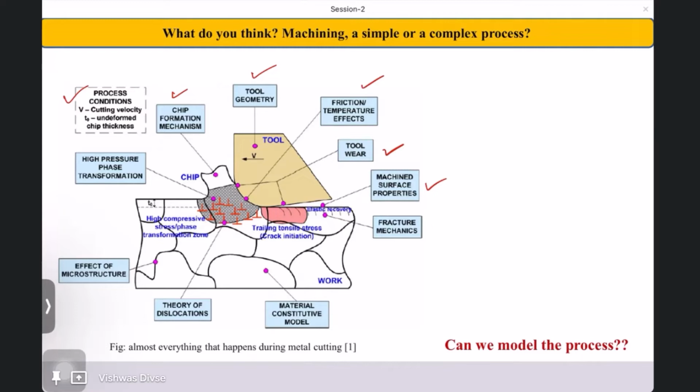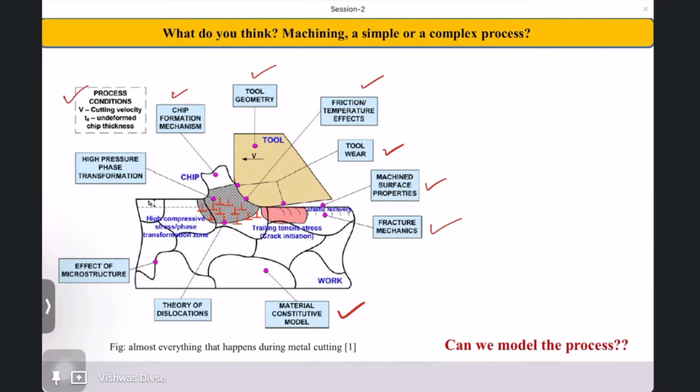Then whether I am going to extend it, whether this damaged finished part has any cracks developed on it, or whether these cracks will propagate when this machined component is in application. That all comes under fracture mechanics, the study of the propagation of cracks due to this machining operation.